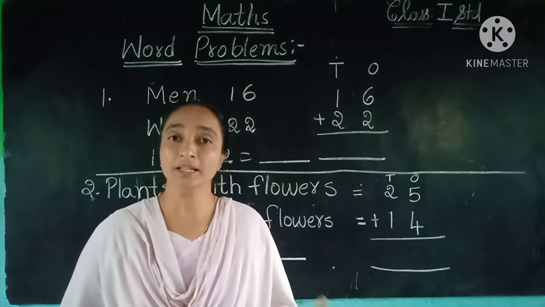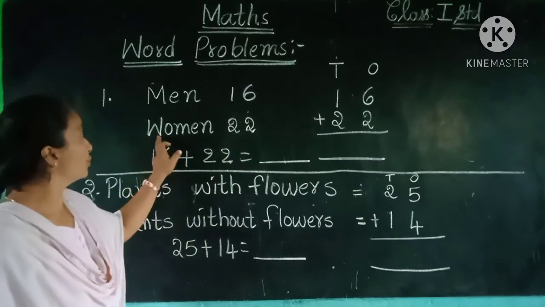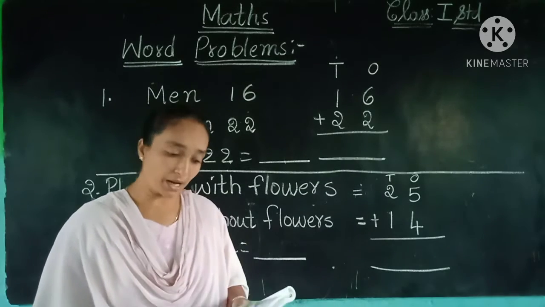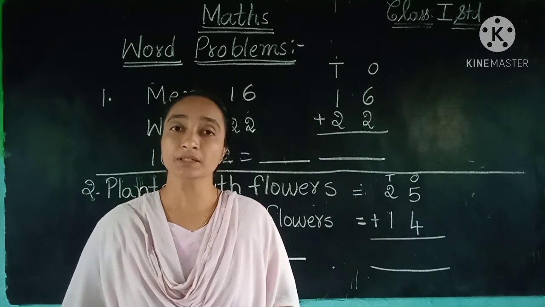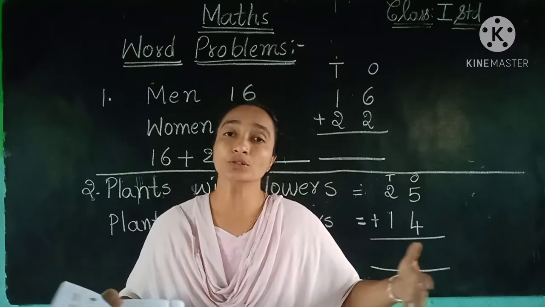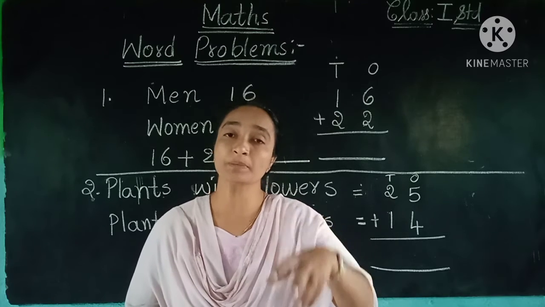Women means ladies, 22 people are there in a park. Now the question is, how many people are there in all? That means totally, all together, how many people are there in a park? So all the people they are asking.